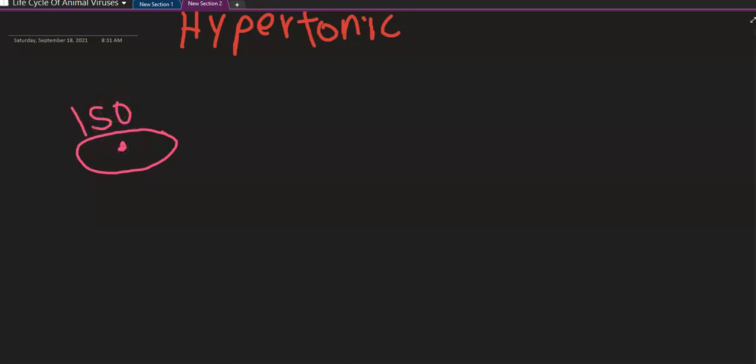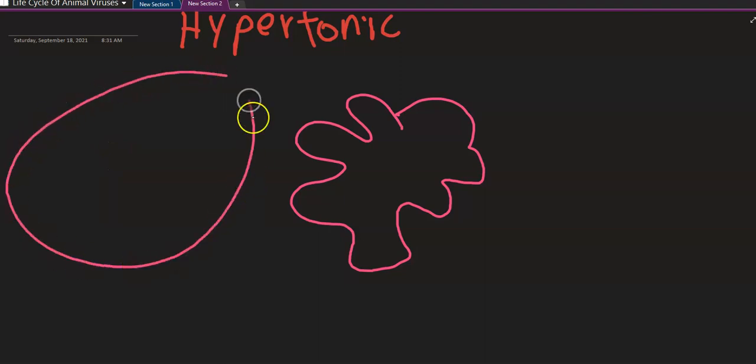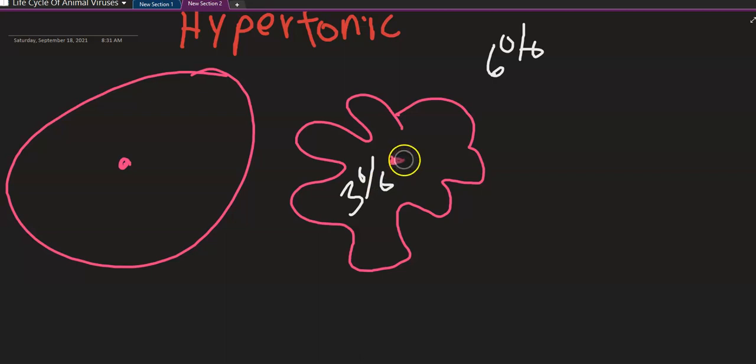And this is the cell without the cell wall. Let's change this. Let's say that's the cell, because it shouldn't get bigger. Remember, hypertonic means that the solute concentration in the environment is higher than in the cell. I forgot our little nucleus here, too.